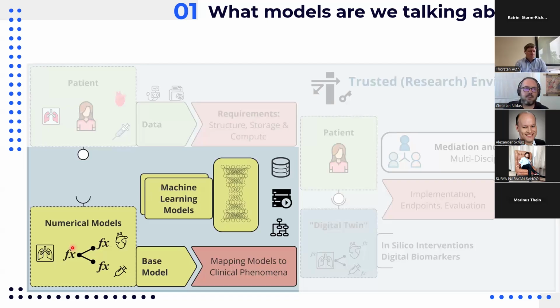Or if you look into epidemiological studies, or for example, what Lisa's group does in Leuven, they look at agent-based systems for bone healing or bone metabolism. So there is a bit of a mixed bag on the numerical models field side.